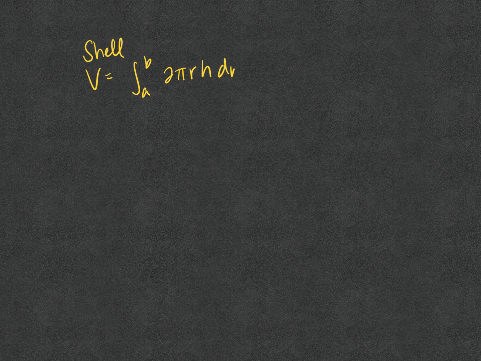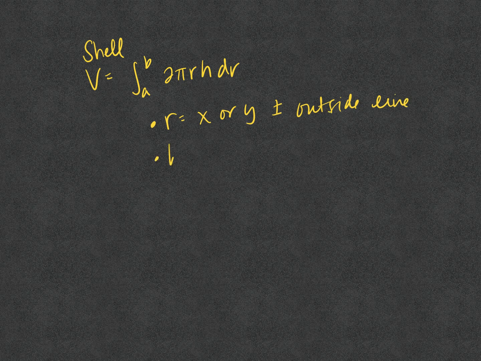Let's go back and make those notes one more time. So when we're in the shell method, the volume equals the integral from a to b of 2 pi r h dr. So the radius is x or y plus or minus an outside line. Your h is going to be f of x or f of y.